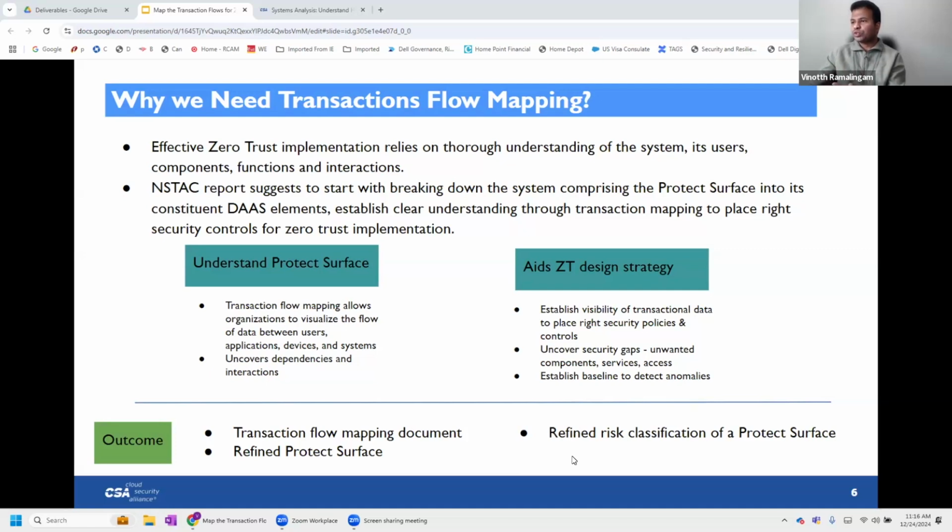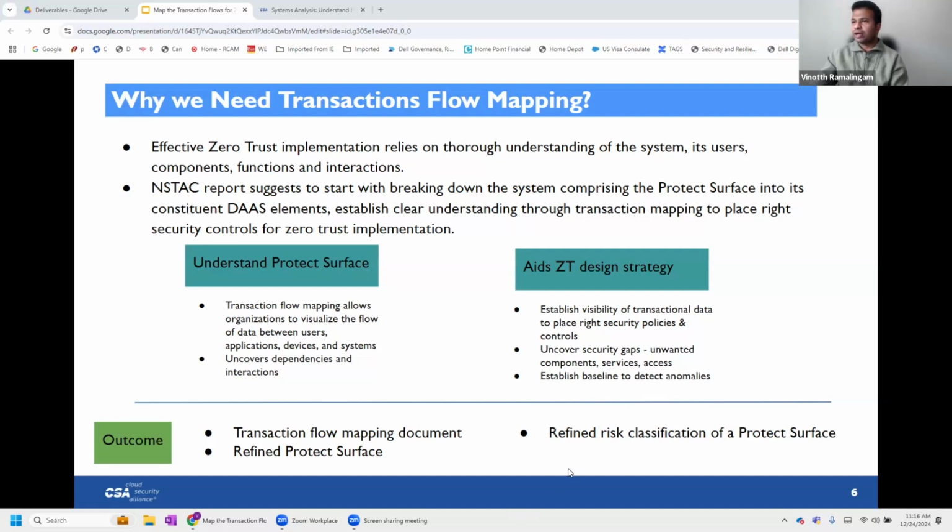But with a deep dive, you can justify and even change the classification based on its function, its data, and so on. And third, you might have protect surface components for no reason. Maybe they add value or maybe they don't. This helps you understand each and everything, so you can refine the protect surfaces and then define your complete suite of ZT architecture.